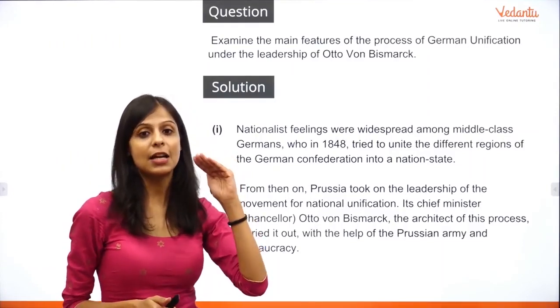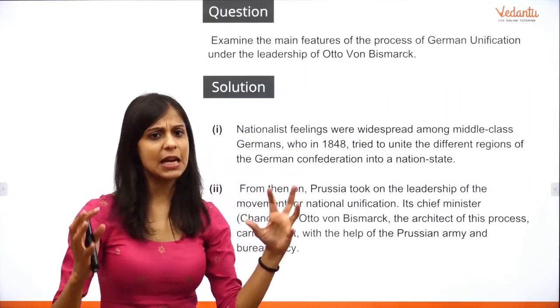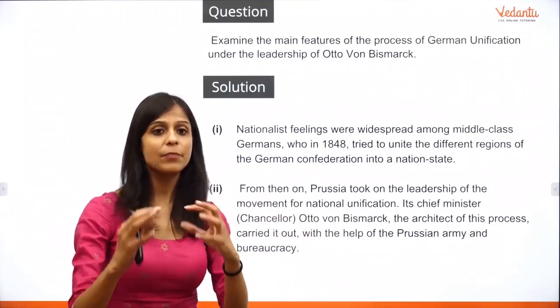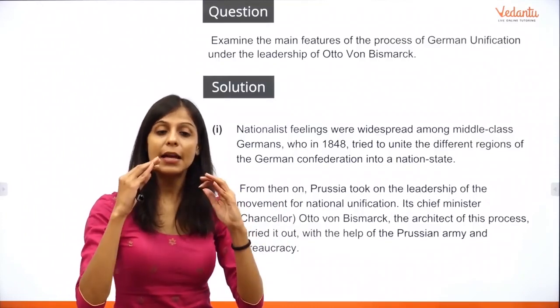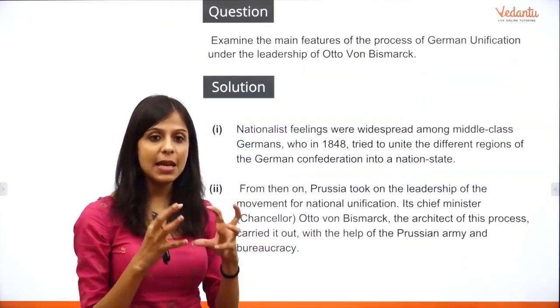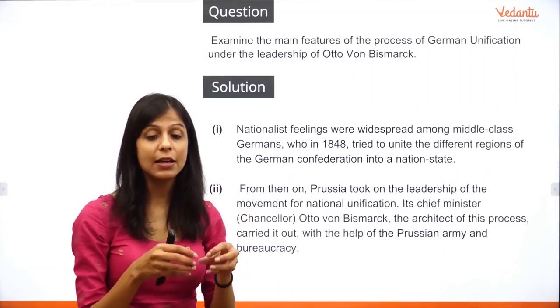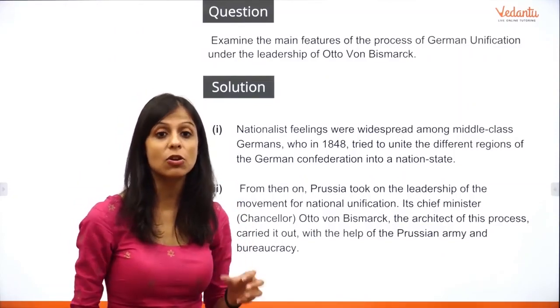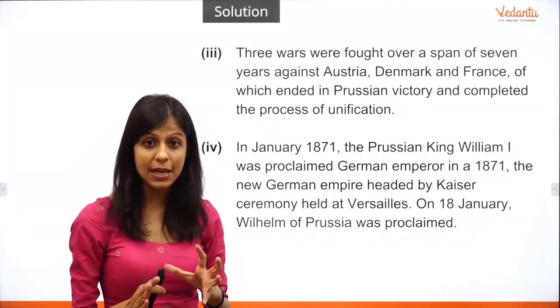And then you're going to kickstart your points: the story started when all the people came together. Then you move on to the next step, that under the leadership of Prussia and its chief minister, the step was carried forward, and the Prussian army and bureaucracy helped the entire process.